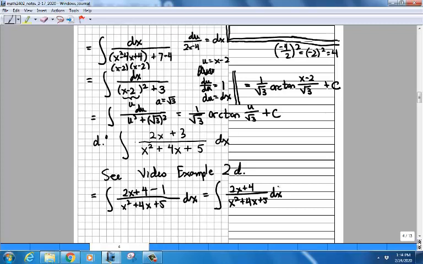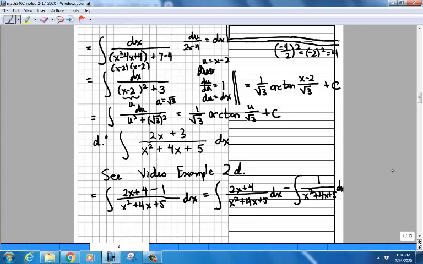Now, what about this? Don't forget the minus 1 is still there. So now I have minus, and then I have 1 over x squared plus 4x plus 5. And now you're looking at that and you're thinking, well, that's almost as hard as the original problem. So what good have I done myself by splitting this up into two integrals?